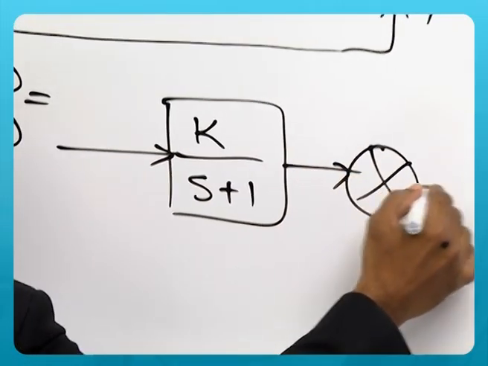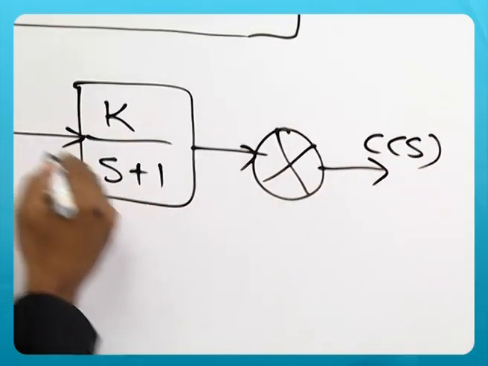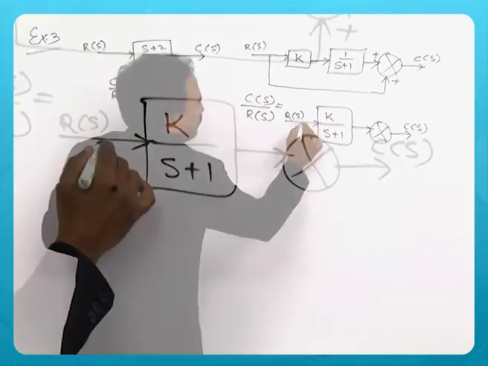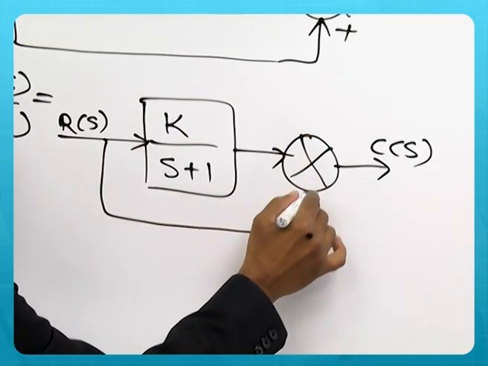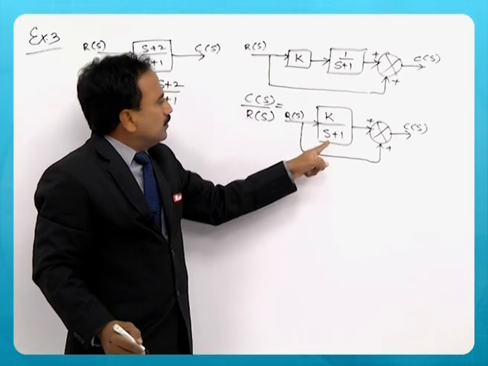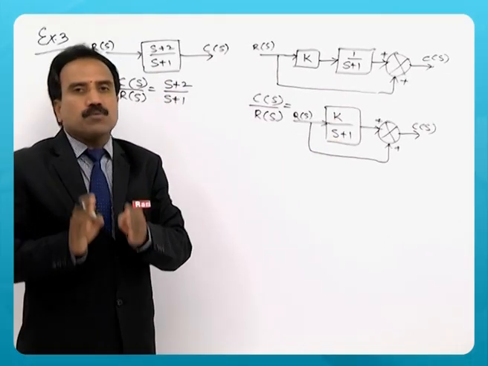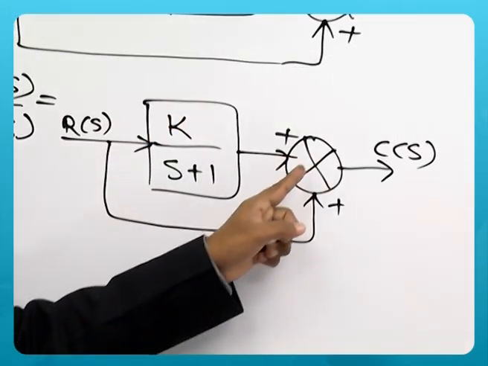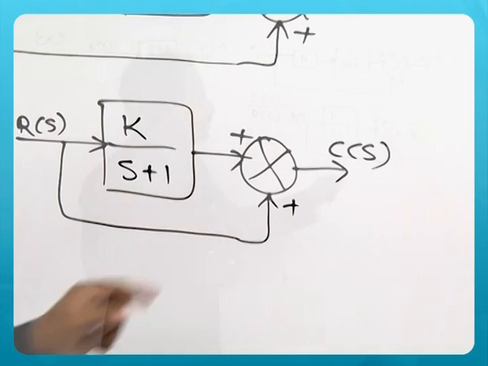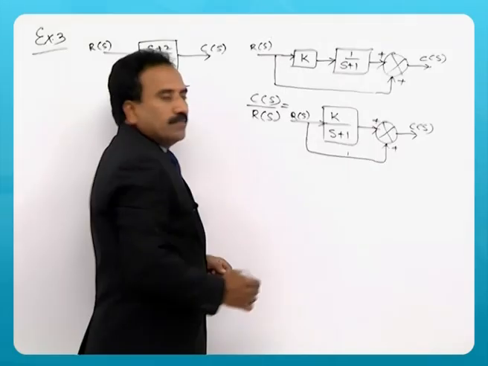Rule 1 is applied. So these two blocks are in cascade, you get the resultant of K by S plus 1, and this is there anyway. It's a parallel path, but there is no element here, so you can assume that it is 1.